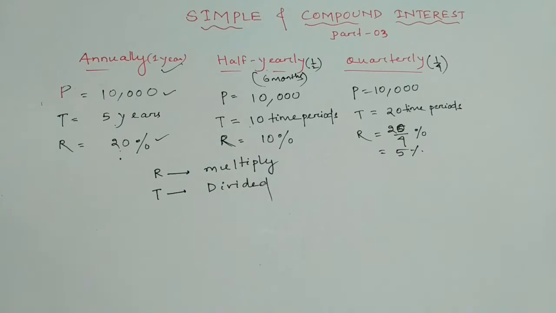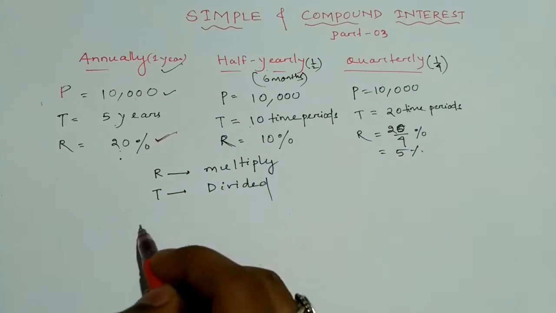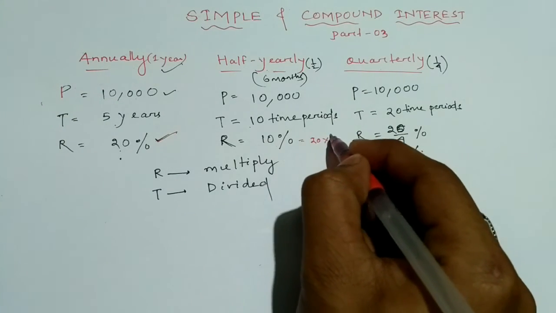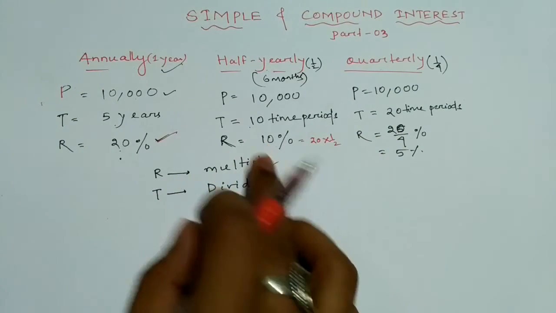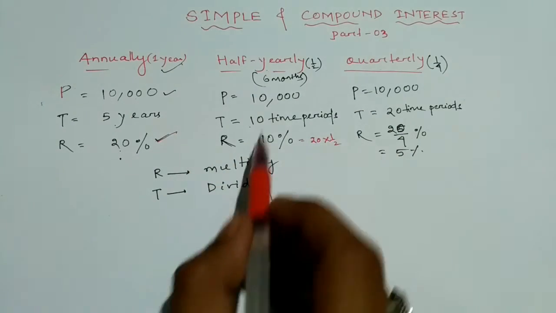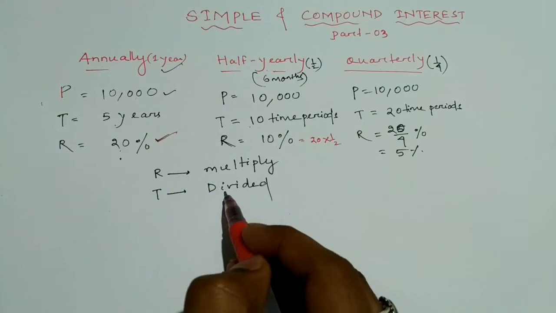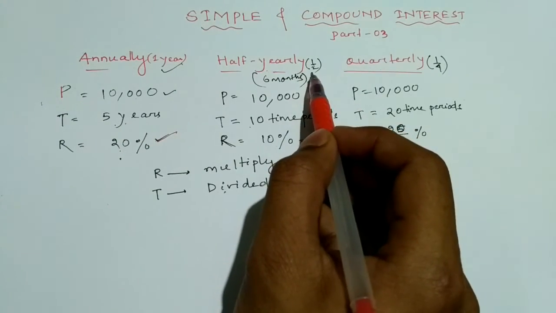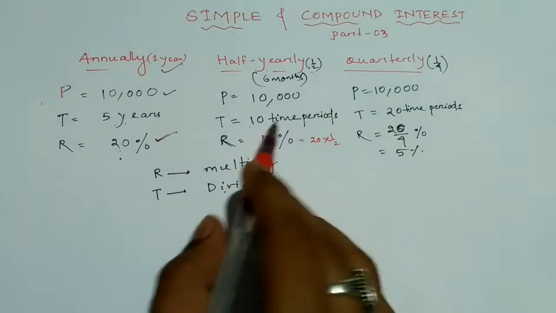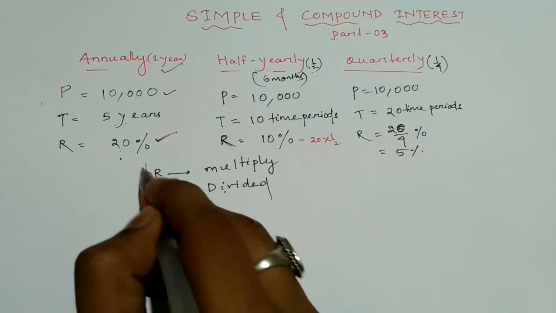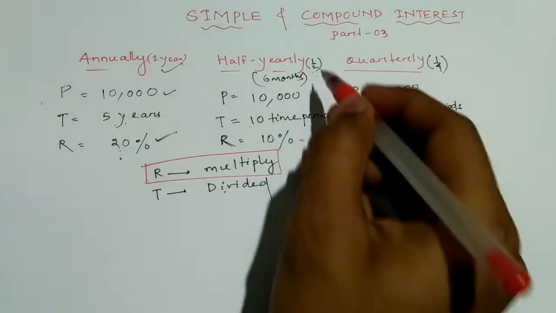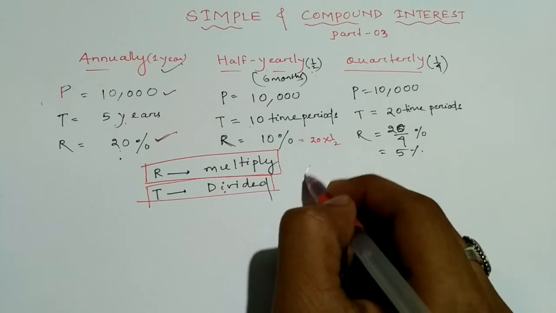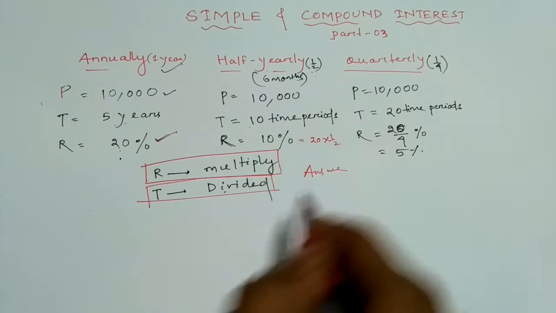That means if r is 20% and it is half yearly, it is 20 into 1 by 2, that is 10%, and the time period will be divided. That means 5 divided by 1 by 2 means 5 is multiplied with 2, that is 10 time periods. So remember this, r should be multiplied, and t should be divided to get our answer.